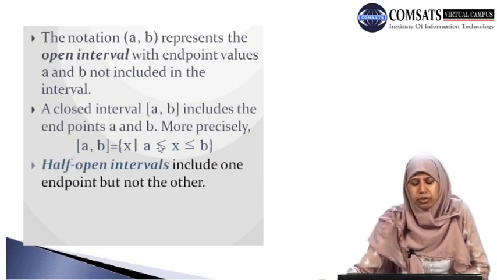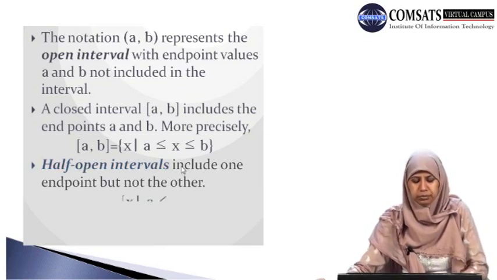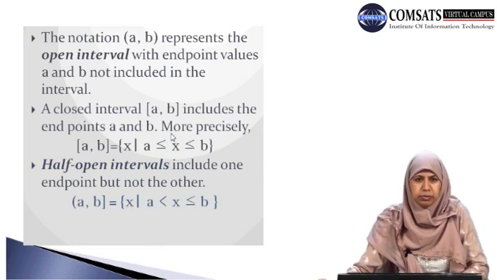Now, if one quantity is open from one side and closed from the other side, we call them half open intervals, which include one endpoint but not the other. For example, we have two types of half open intervals.